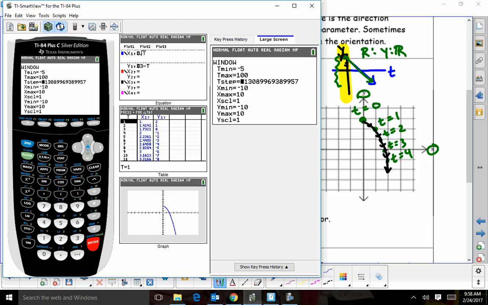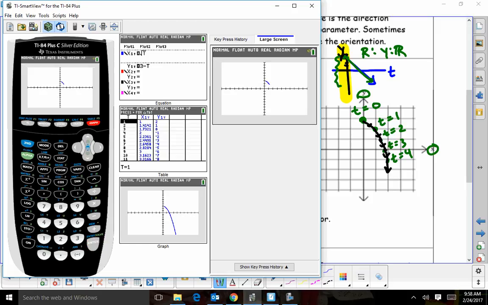So leave the t step where it is. That one is usually, and if you make it too big, it's going to look all jagged, right? Because like if you go from 1 to 5, it's just going to draw that straight line, and it's not going to look smooth. Okay, and then I just left my window the same, 10 by 10. So when I graph, I put 100, didn't I?